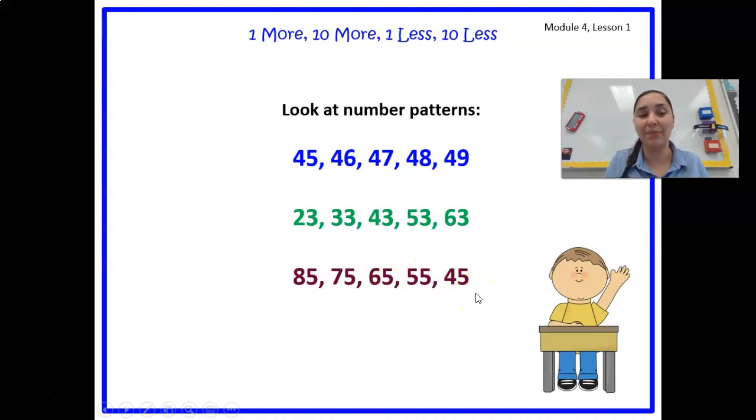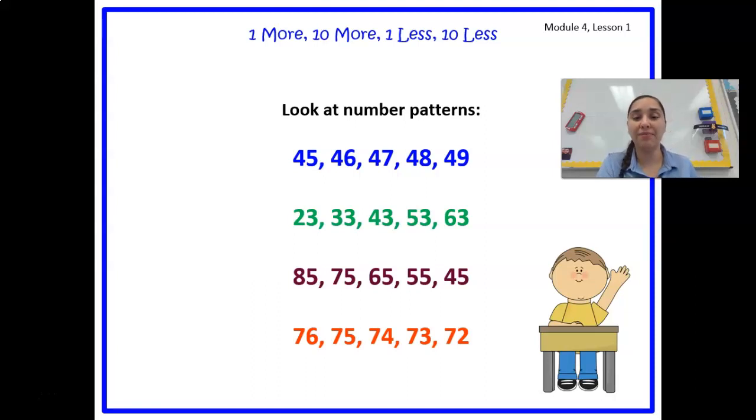Let's go to the next one. Look at the pattern. 76, 75, 74, 73, 72. What's the pattern? Do I add 1 more? Do I add 10 more? Do I take away 1 less? Or do I take away 10 less, boys and girls?